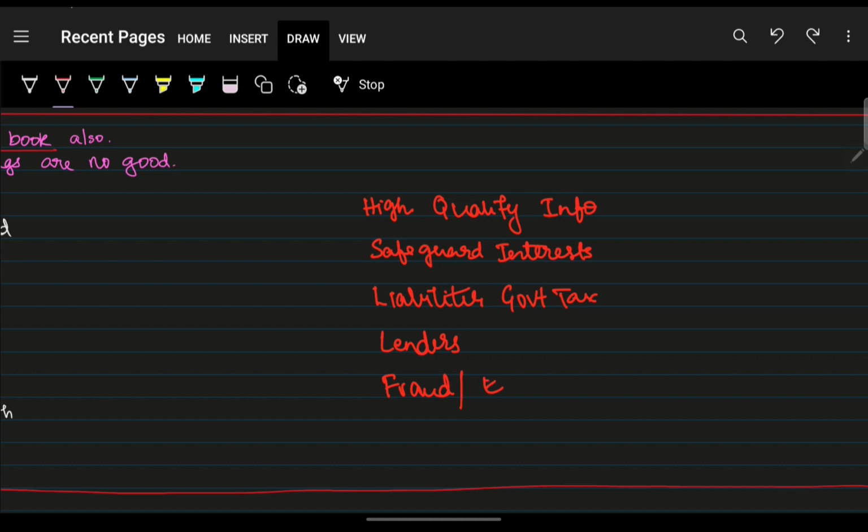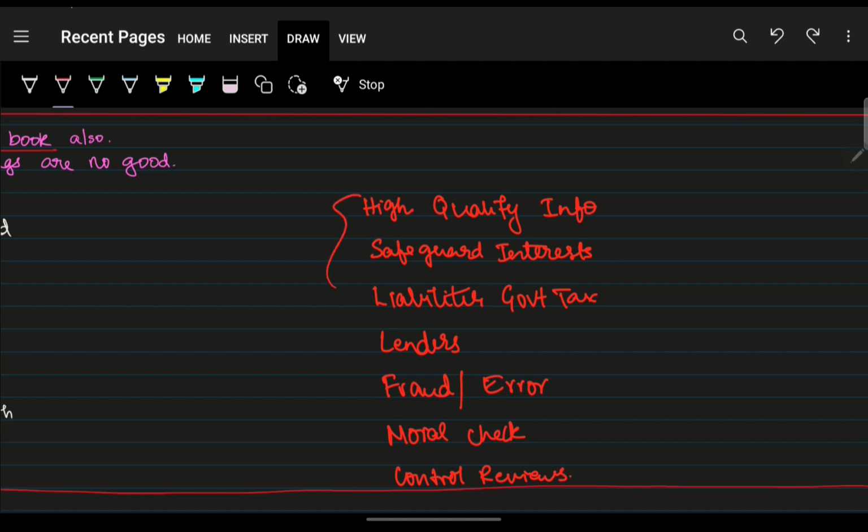So we'll commit fraud or error, right? And also they will keep a moral check on us, because we commit the fraud and errors. And they will also take proper control reviews, right?